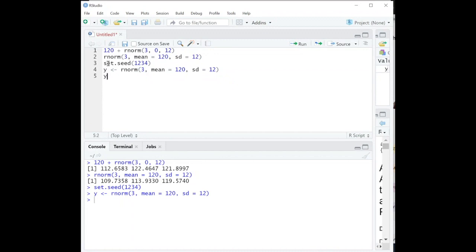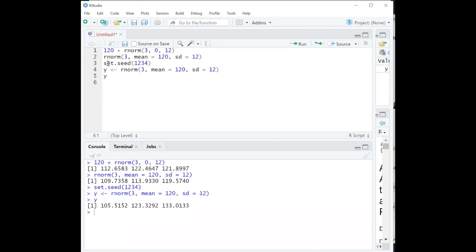Then we look at the results and we see these 3 results which should be the same for everybody. These are random numbers, so they shouldn't be the same because they are random, but they are the same because we set the same seed at the beginning.